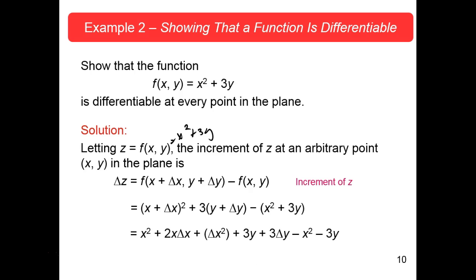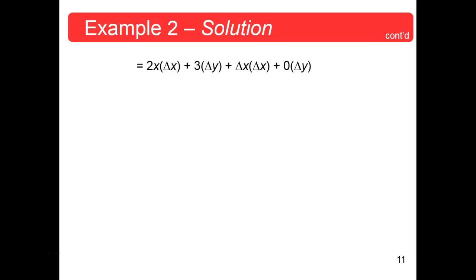When you multiply that out, just like we did, x squared plus 2x delta x plus delta x squared plus 3y plus 3 delta y minus x squared minus 3y. And notice the x squareds go out, the 3y's go out, and that leaves you 2x delta x plus delta x squared plus 3 delta y.